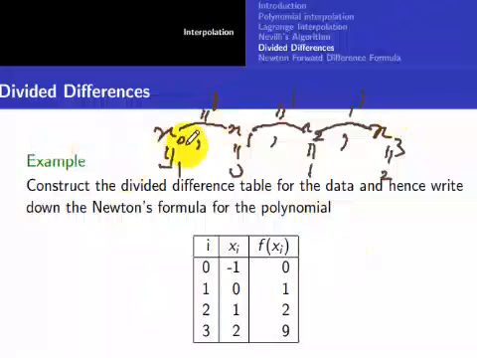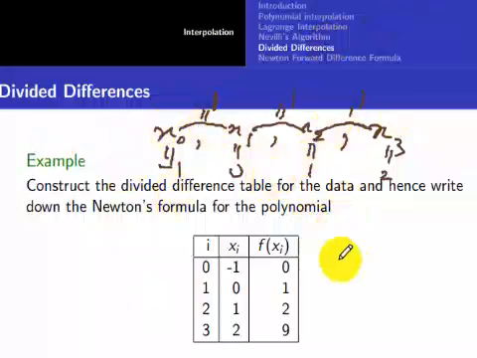If you have a data set that is equally spaced, we are going to find the Newton's divided difference polynomial.